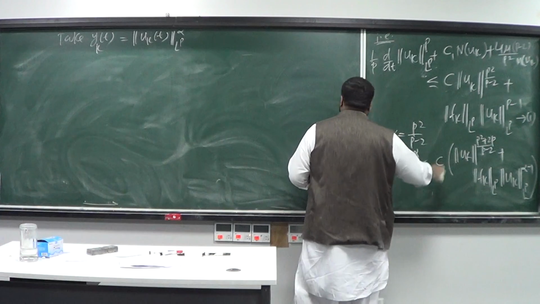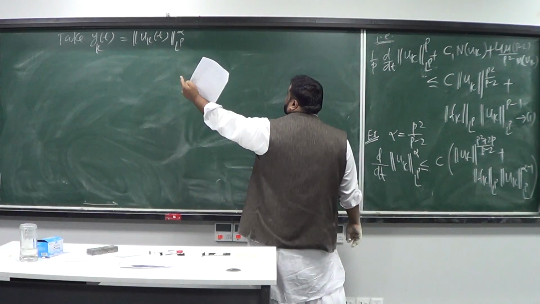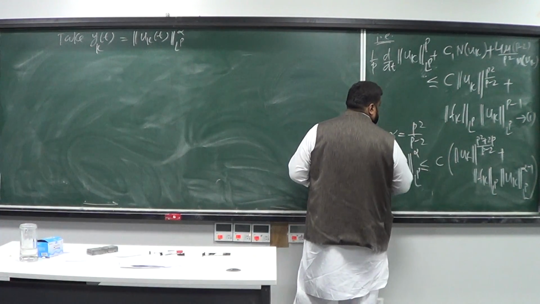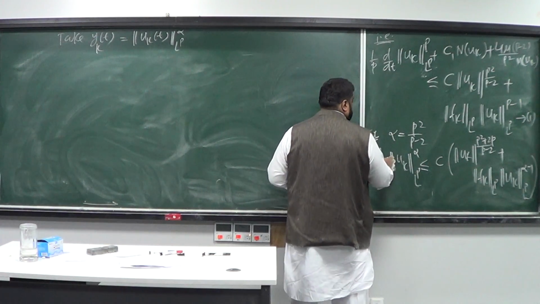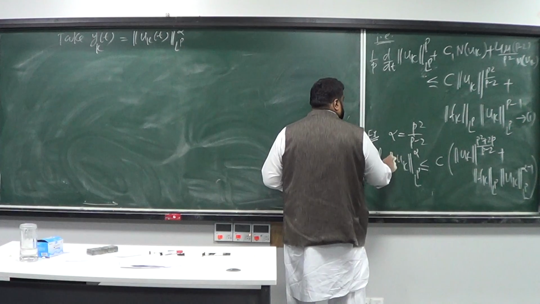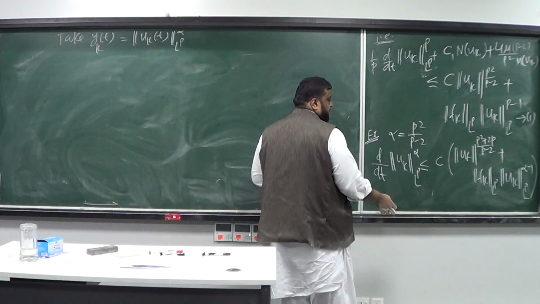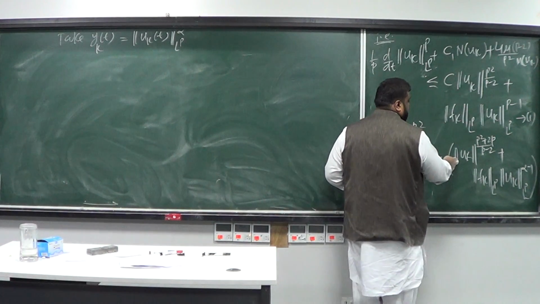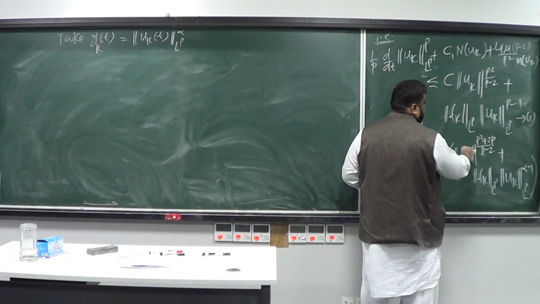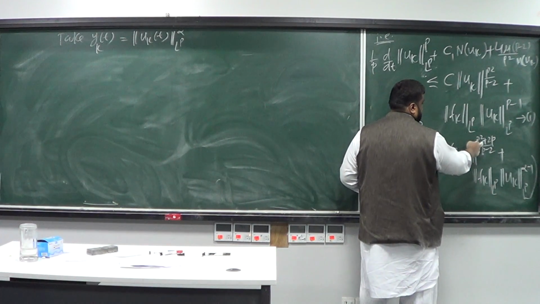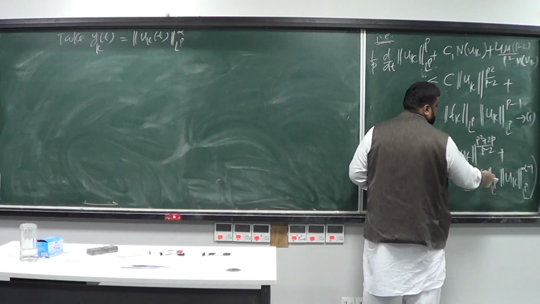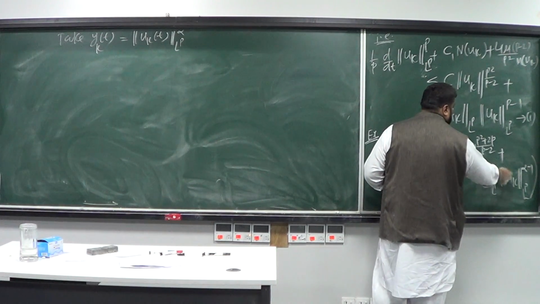Take this inequality, using yk of t, try to write it in terms of y. For example, this will become dy/dt. This will become something, so if you separate it as y power p squared over p minus 2, it's going to be y power alpha plus something, and this will also become 1 over y.